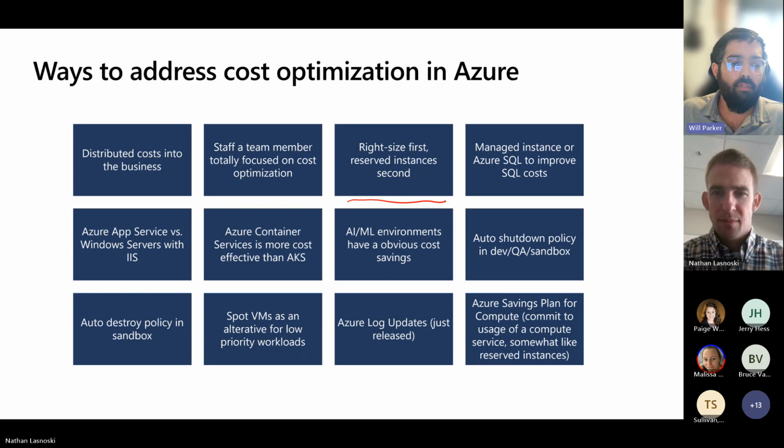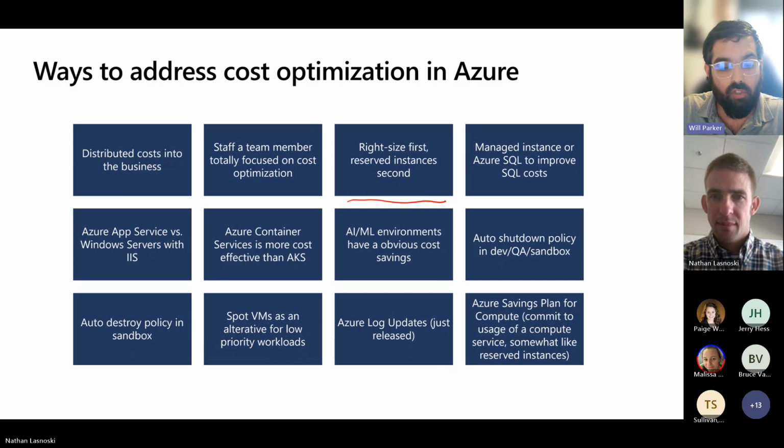In addition to that, things like Azure Container Instances are more cost effective than AKS. Kubernetes has been a big shiny object for a lot of organizations in the past few years. While it is a great target to get to, it is a tool with a specific purpose. If your environment isn't set up for running many microservices at once that require complex forms of ingress and egress, it may be worth using something as simple as Azure Container Instances, just to reduce the overhead of all these managed services that AKS provides that your organization may not need at the time.